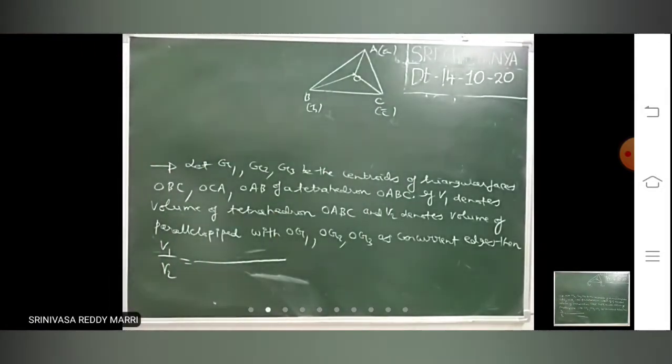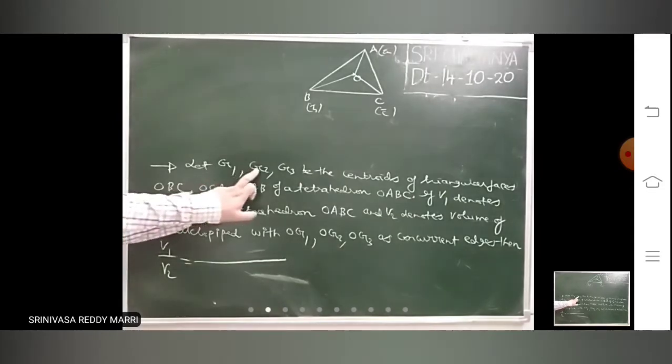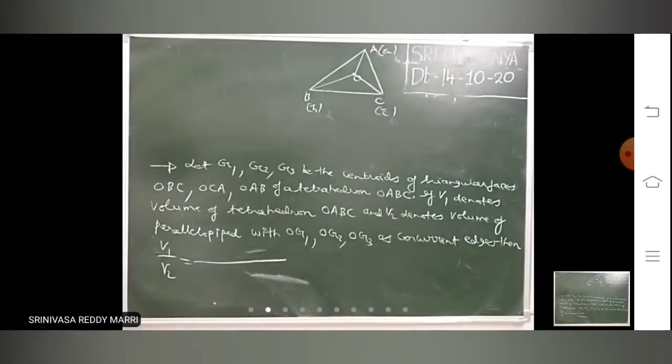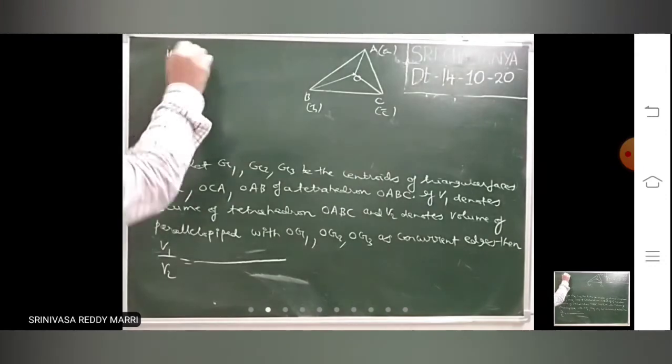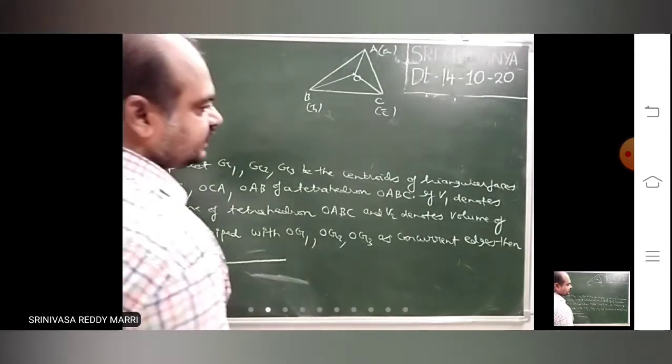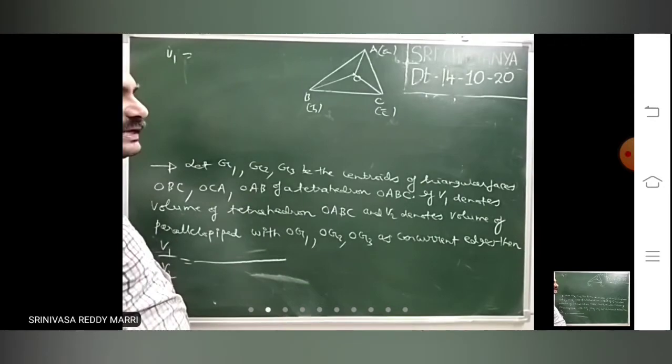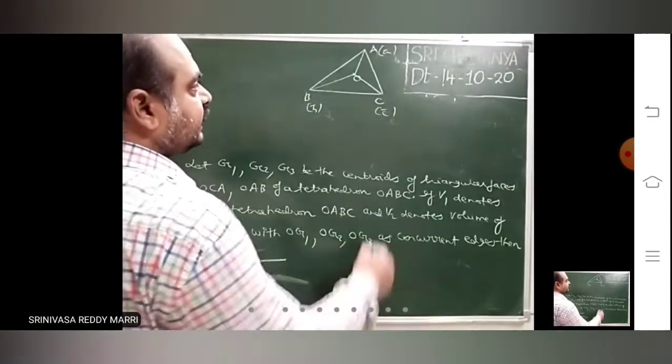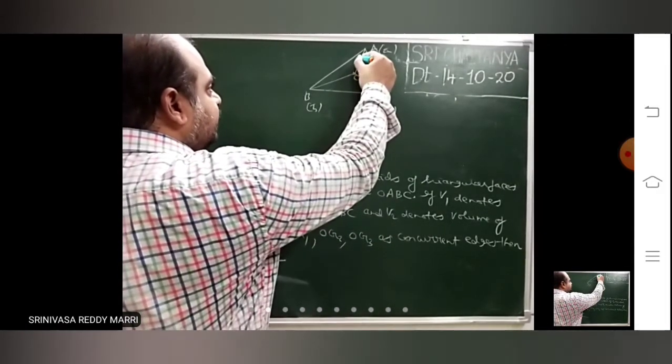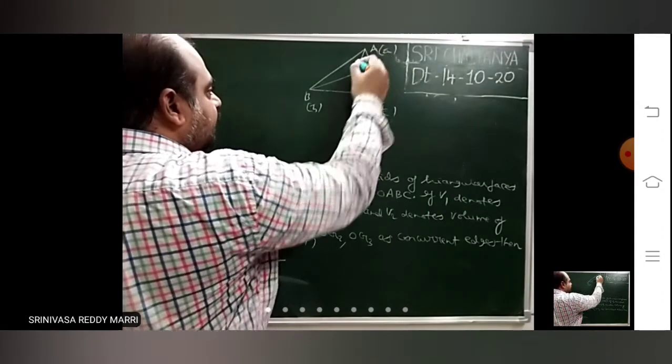Now G1, G2, G3 are the centroids. Look at first V1. V1 is nothing but the volume of tetrahedron, take three coterminous edges passing through one corner.